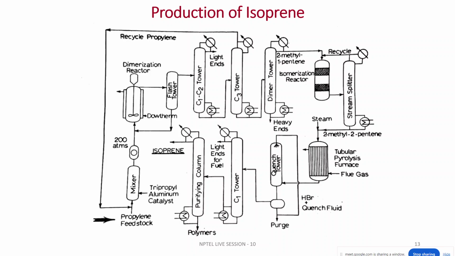We will now discuss the flow sheet for production of isoprene.